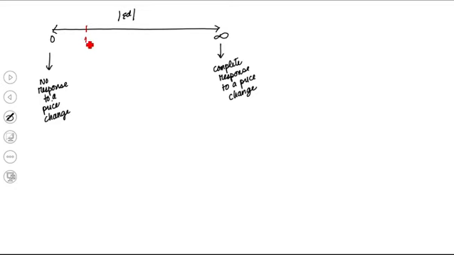Now we divide here at 1. The reason we divide at 1 is this. If elasticity of demand equals 1, there's a very specific property.